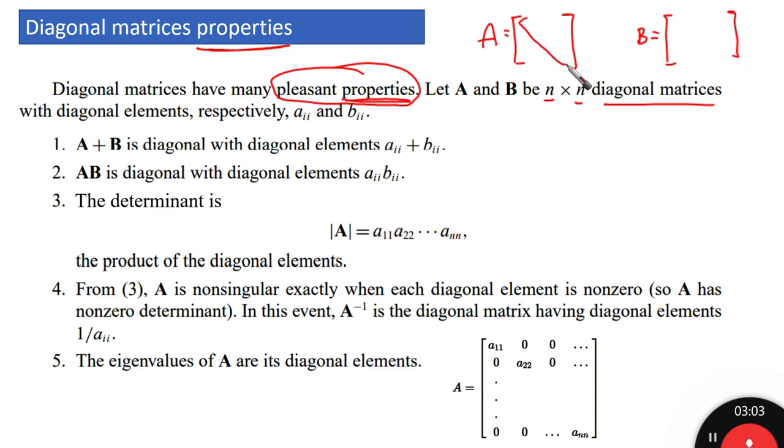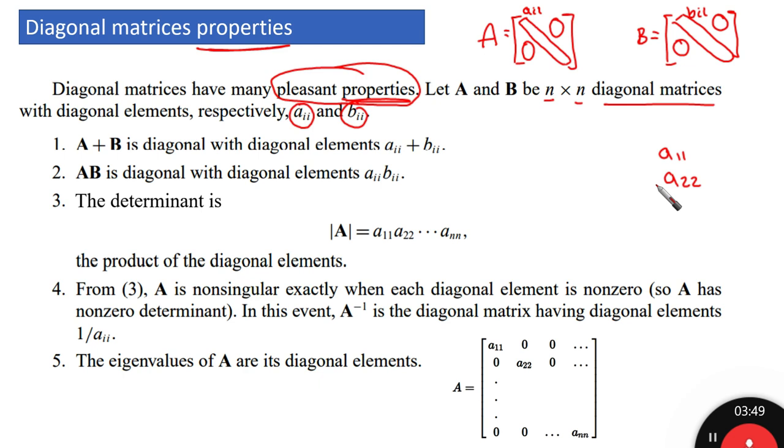As I said, the elements on the diagonal are non-zero and everything off the diagonal is going to be zero, the same for B. The diagonal elements are respectively a_ii and b_ii, something like a11, a22, up to ann. So the first element is a11, the second is a22, and so on and so forth.